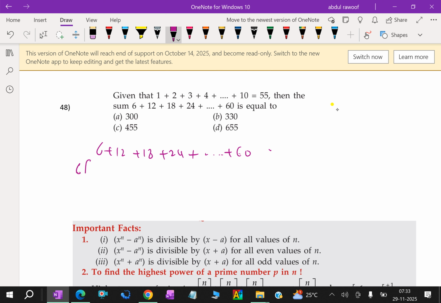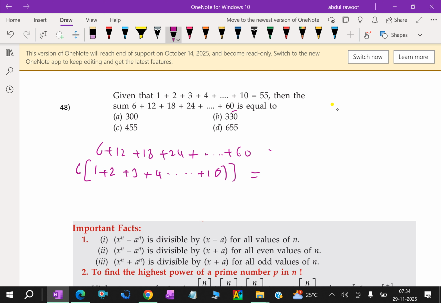Then it is 6 into 1 plus 2 plus 3 plus 4 up to 10, not up to 15, because 6 into 10 is 60.